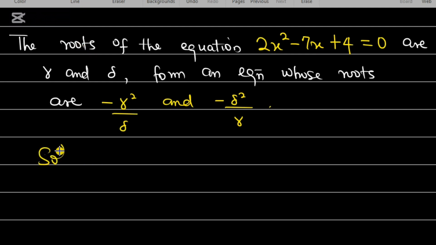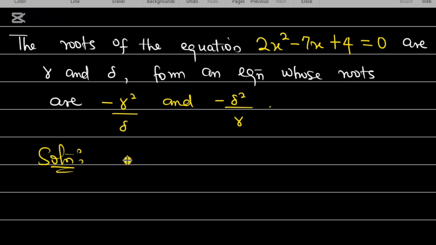Okay, solution. Right now we are told that the roots of 2x squared minus 7x plus 4 equal to 0 are gamma and delta, and we know that there's a relationship between the roots of a given equation and the coefficients of x squared, x, and the constant.